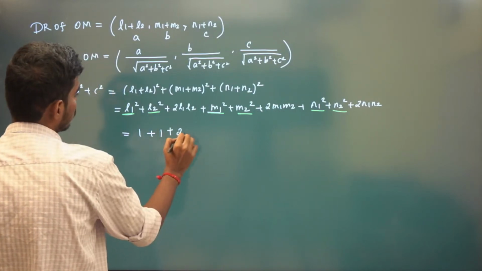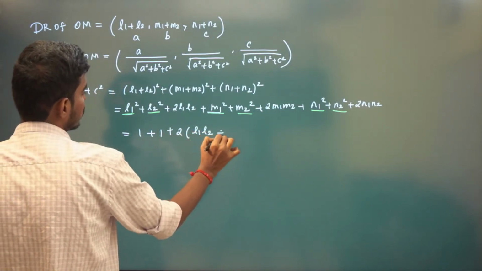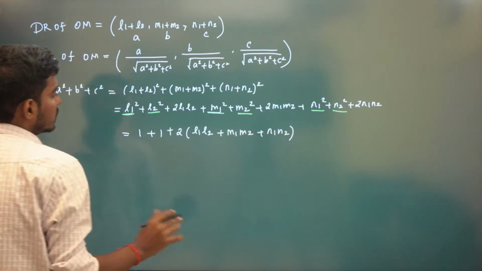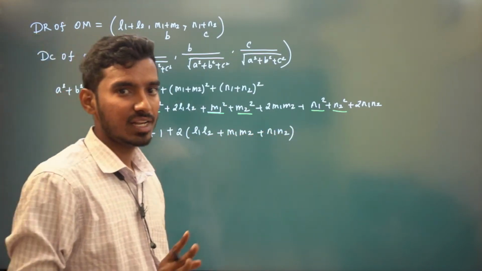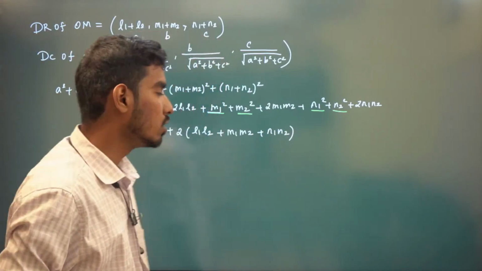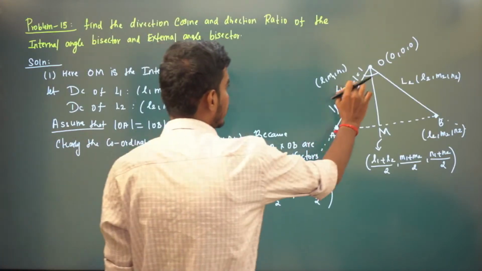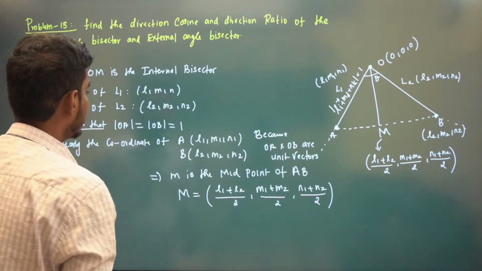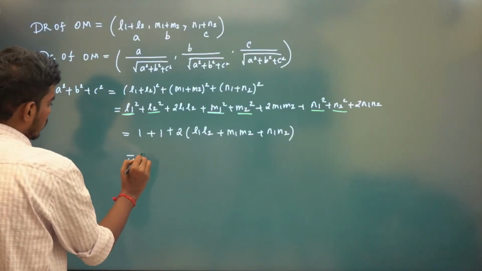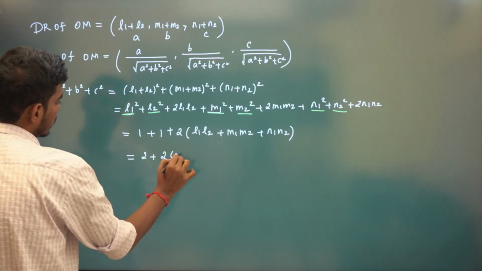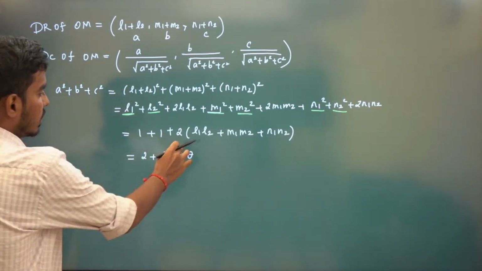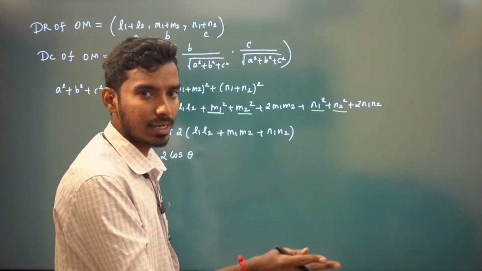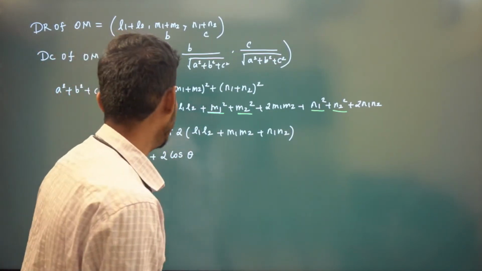And if I take 2 outside, we have L1 L2 plus M1 M2 plus N1 N2. Remember, this is not perpendicular. If it is perpendicular, you can put 0, but here it is not perpendicular. It is theta, the angle between OA and OB, which is nothing but cos theta. So we have 2 plus 2 cos theta, because cos theta is L1 L2 plus M1 M2 plus N1 N2.